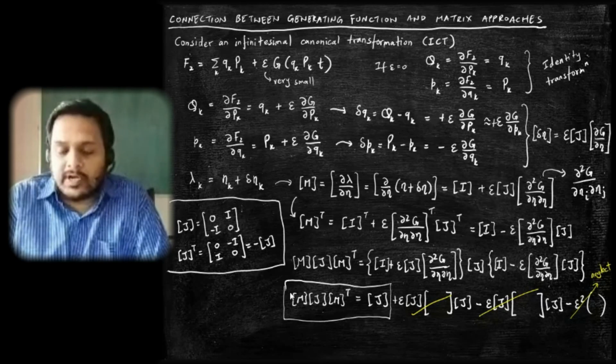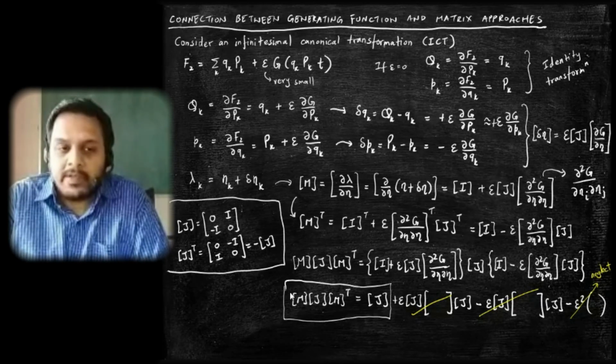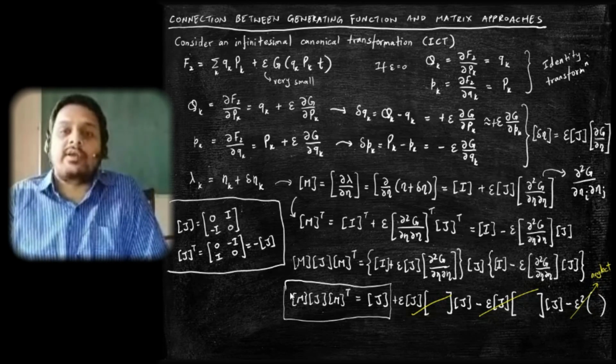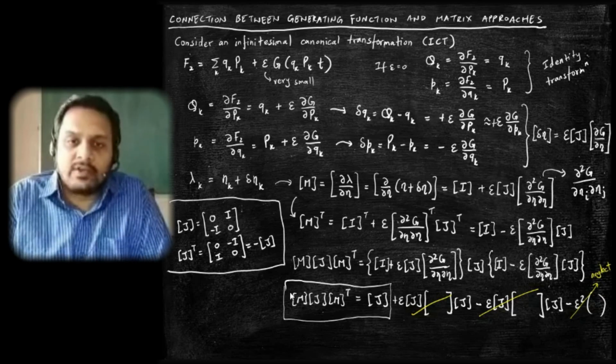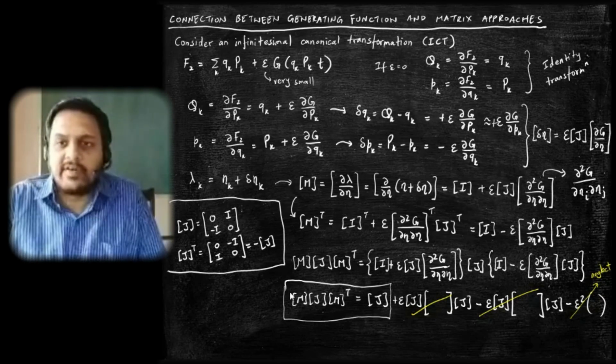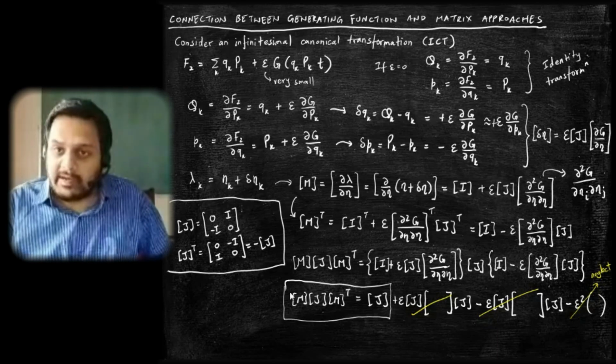The new coordinates and momenta may or may not satisfy Hamilton's equations of motion. Unlike in the Lagrangian case, where any transformation of the coordinates will always give a new Lagrangian that satisfies Lagrange equations of motion. We never had this trouble. With the Hamiltonian, we do have. So we have to be a little careful.